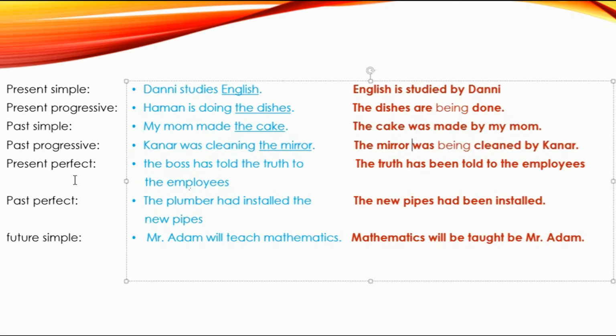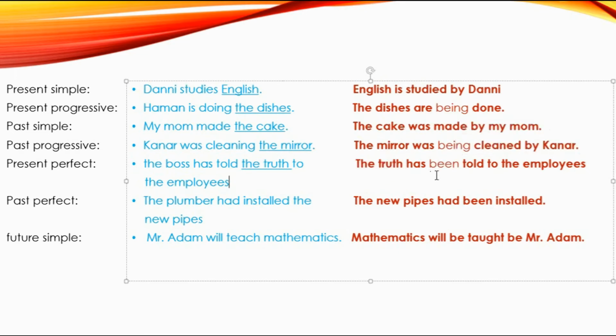So what about my next example? I have present perfect example. The boss has told the truth to the employees. Has told something. So this is my object because it comes right after the verb. Here it has become my subject, because when you change it to passive, it becomes a subject, right? Has been told. This been is always there, right?